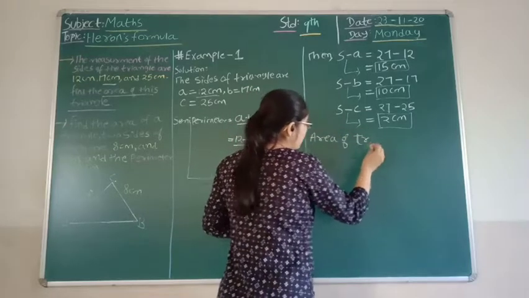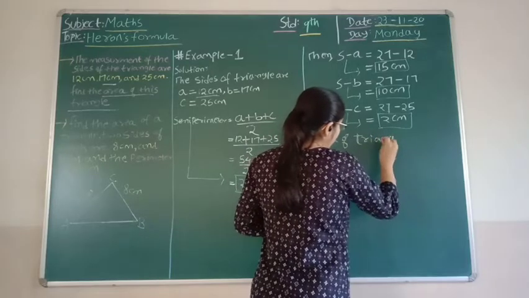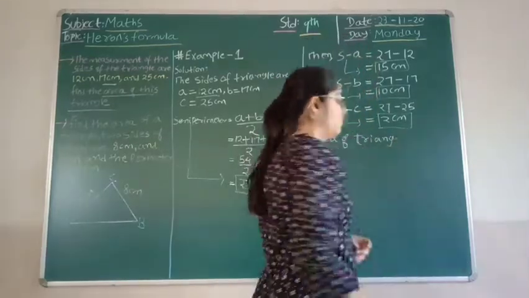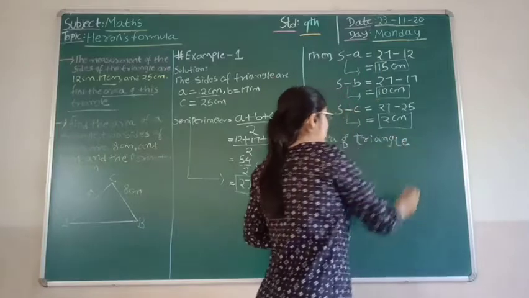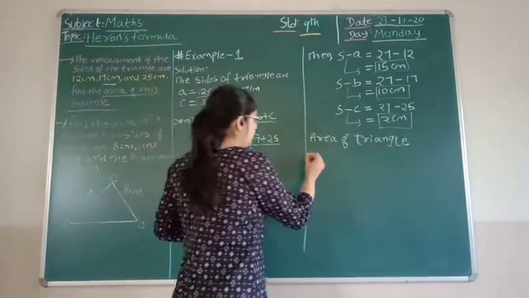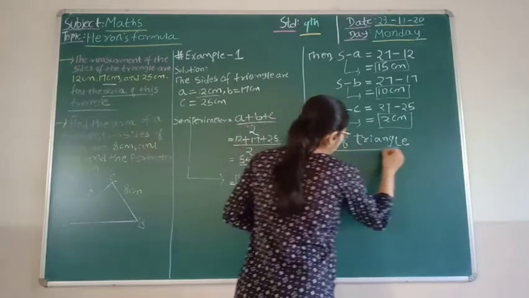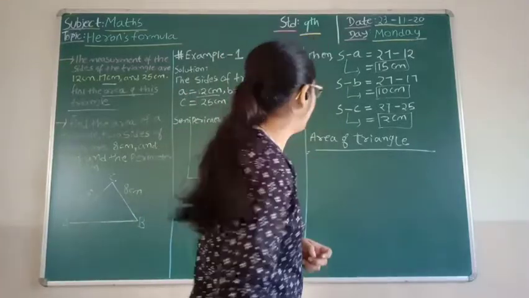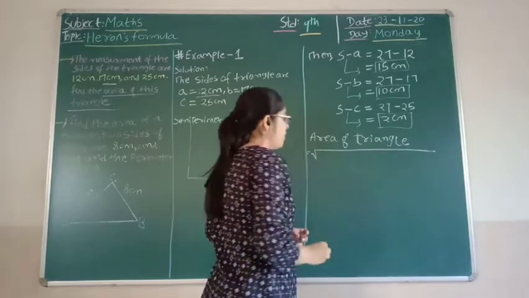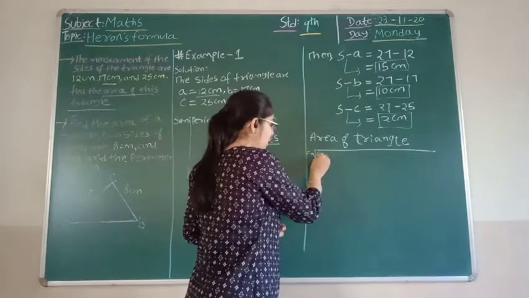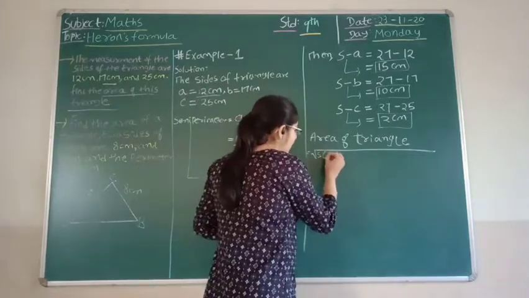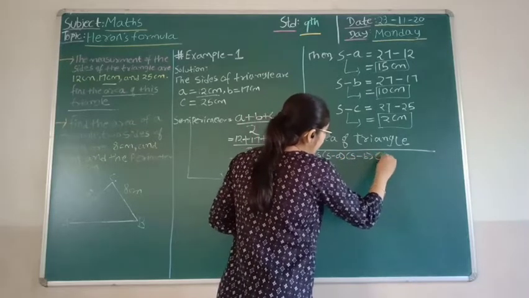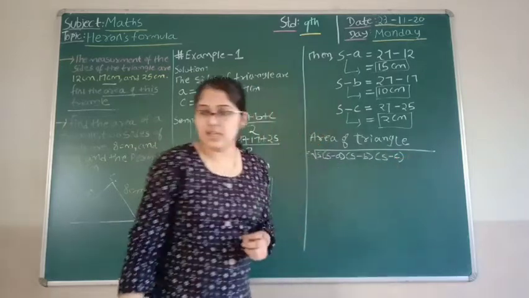area of triangle, that is nothing but, I can say, root of S, which is going to be our formula to find the area of a triangle, into S minus A multiplied by S minus B multiplied by S minus C. Right?